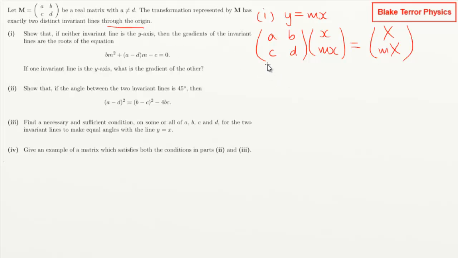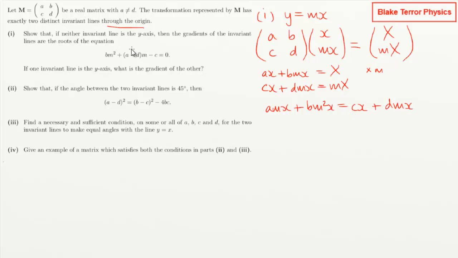Multiplying it out, ax plus bmx is equal to capital X, and cx plus dmx is equal to m times capital X. So I'll multiply the top one by m and set them equal to each other: amx plus bm squared x is equal to cx plus dmx.